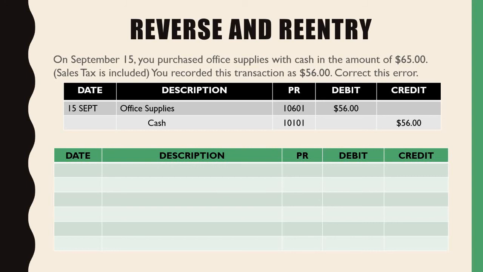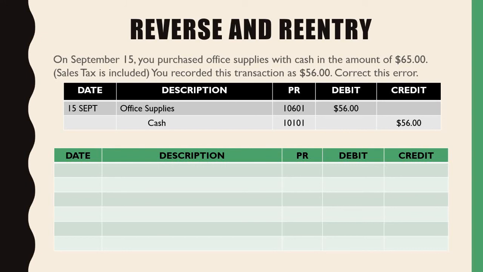I have $65. So in this case, how we're going to determine by reversing the transaction is you're going to essentially return the items. Theoretically, let's say we went to the store, we purchased the items, but I journalized it for the wrong amount.